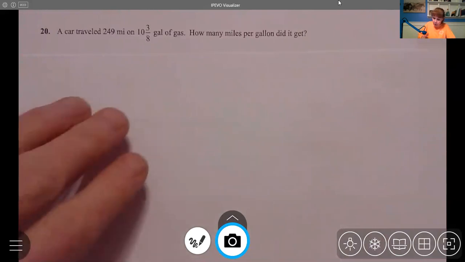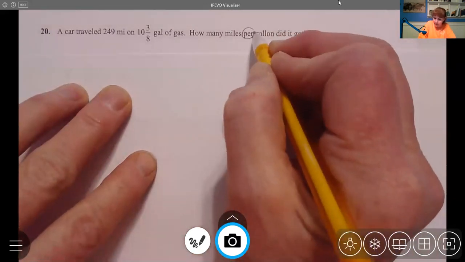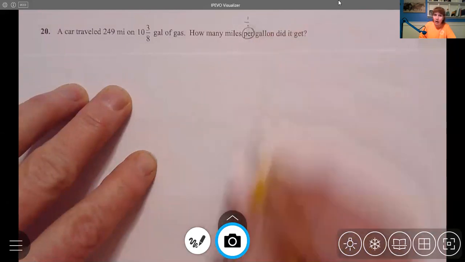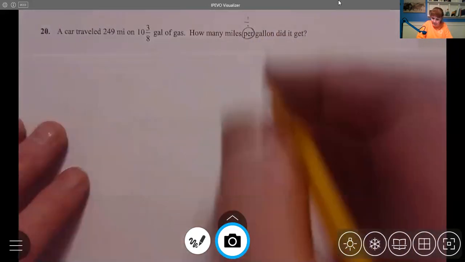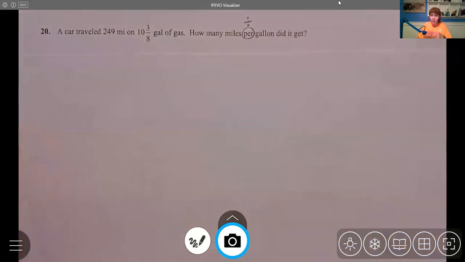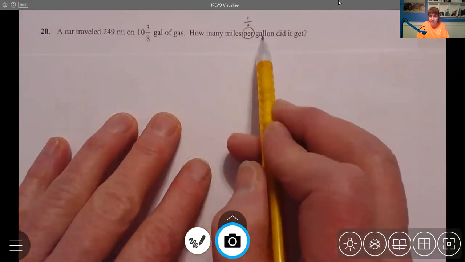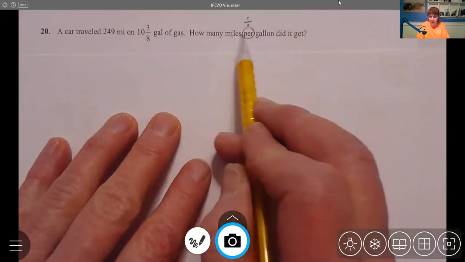Well, the word per, they want you to find the miles per gallon. Per means divide, just like of means times. Just like of means multiply in math, per means divide. So we're going to be taking the miles and dividing it by the gallons to find the miles per gallon.